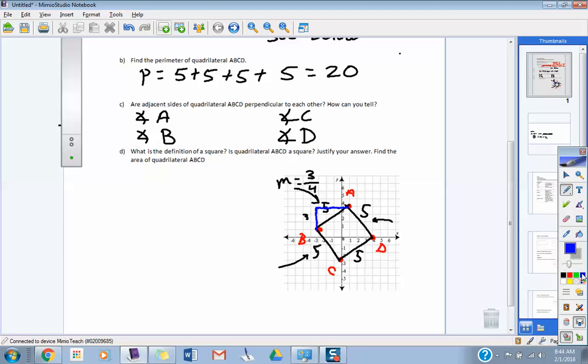So let's check this out. Let's do the rise over run for this side. Looks like I would rise up 1, 2, 3, 4, and then run back to the left 1, 2, 3. Now when I run back to the left like this from C to B, is that a positive change or negative change when I'm moving left?